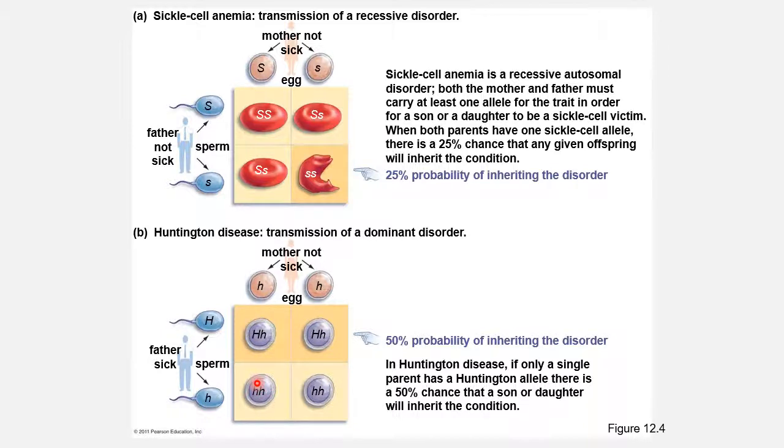So in this case, where the mother does not have Huntington's disease but the father does, and it's a dominant disorder, then 50% of their children would have the probability of inheriting the disorder.